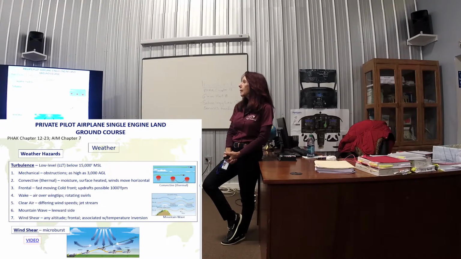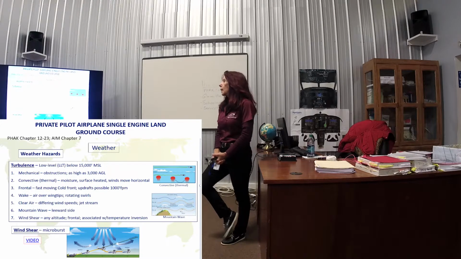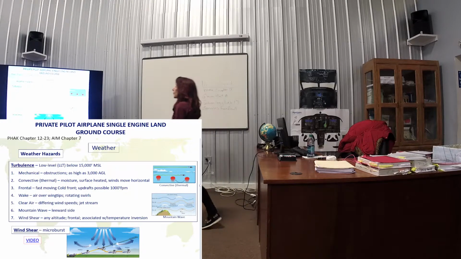Convective. I find convective is one of the more amazing, other than number 7. Glider pilots call them thermals. I found this picture that's really a good visual on what a thermal is. So you have this moist pocket of air that's warm that goes up kind of like a bubble. And this is kind of what it looks like.